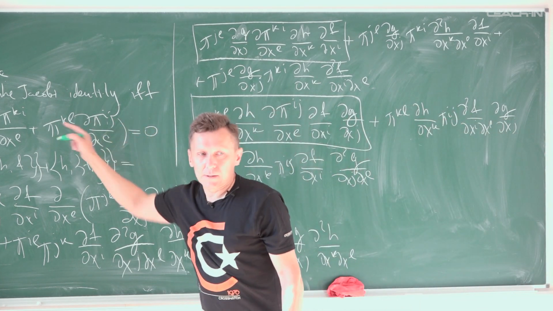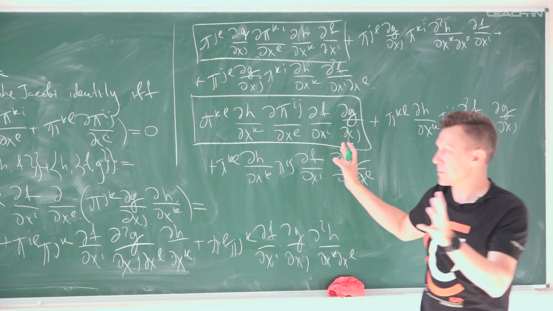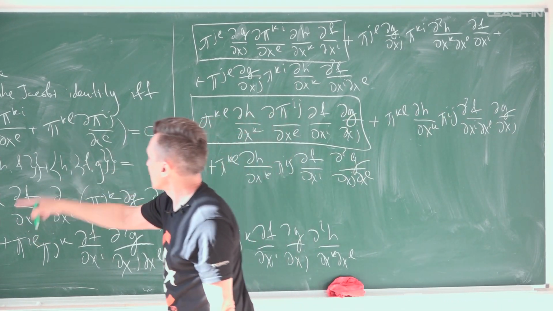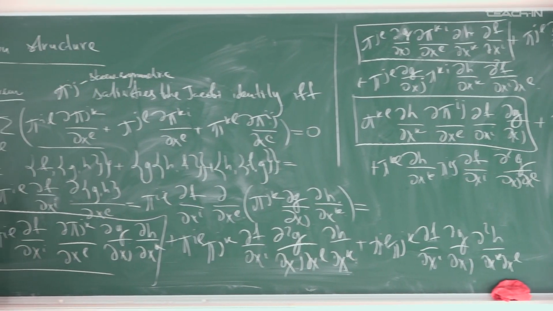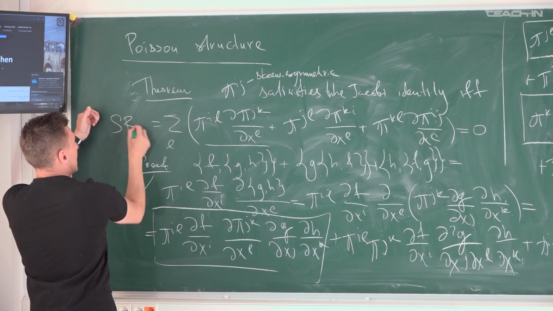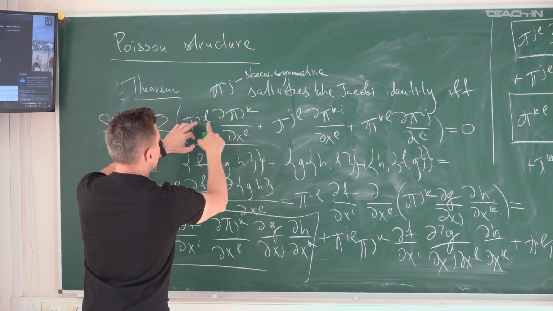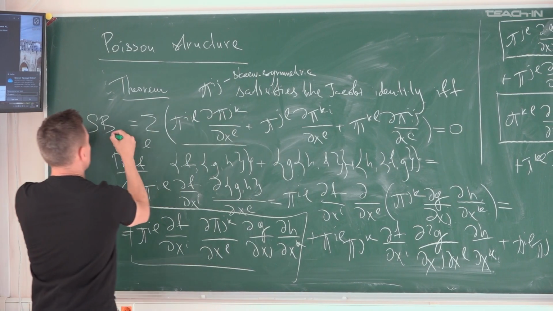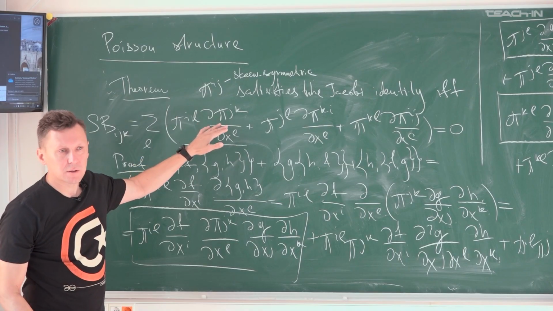It is this identity. The Jacobi identity is always a sum over all of them. But these three terms, let us break them down. The three indices here are i, j, and k, and we consider the sum over l.